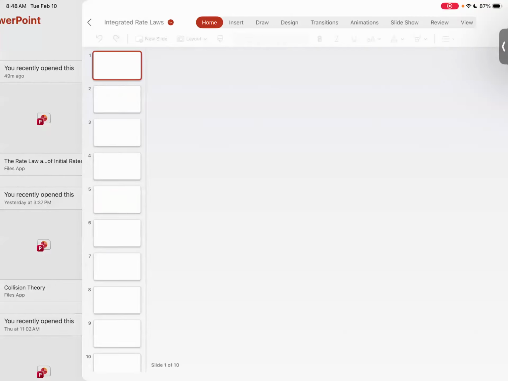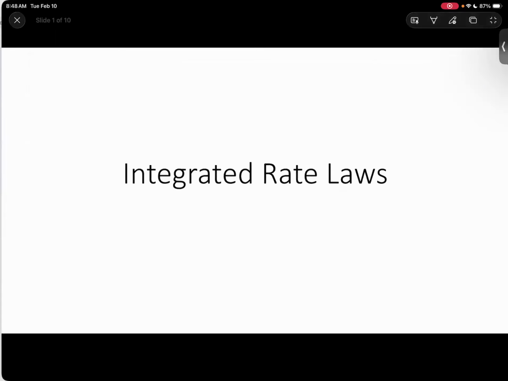Okay, then what we're going to do now is we're going to get into integrated rate laws.